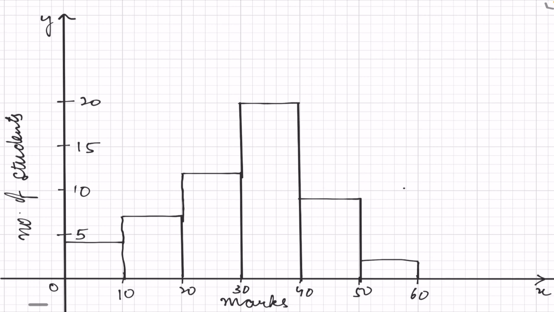Now, with the help of the histogram only, we have to draw the frequency polygon. To draw the frequency polygon, we will take the middle value of all these bars. We'll take the midpoint of all these bars. And always remember, the frequency polygon starts from the x-axis and also ends on the x-axis.